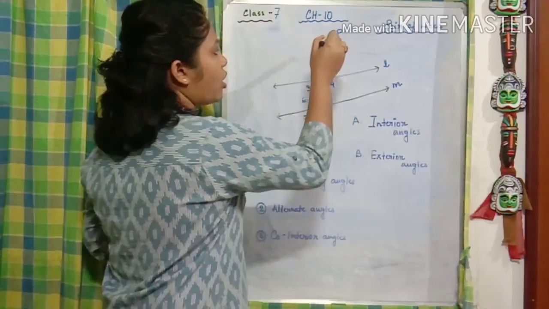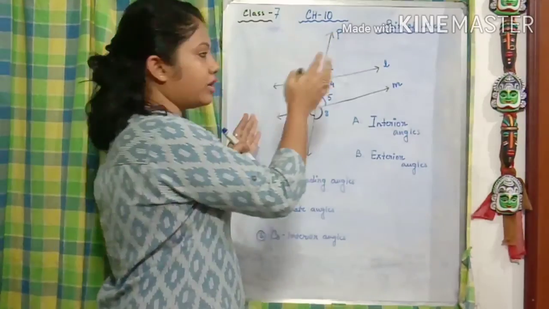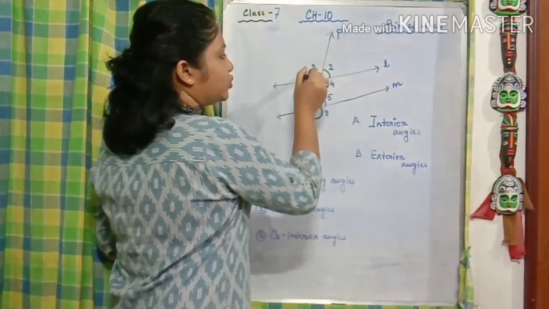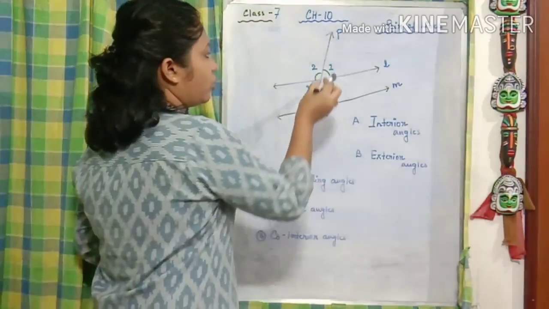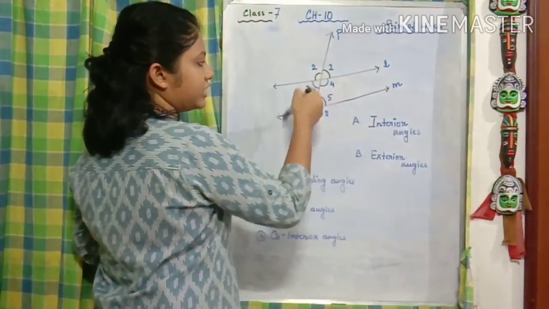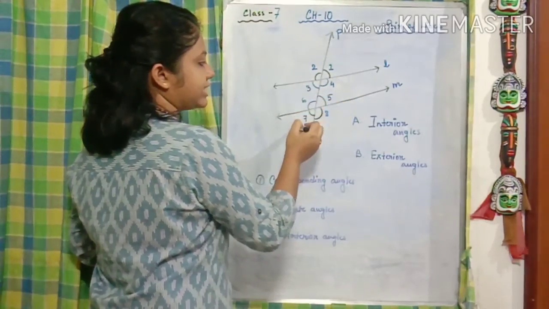I have named the four angles where P cuts L as 1, 2, 3, 4. For the other side there are 5, 6, 7 and 8.